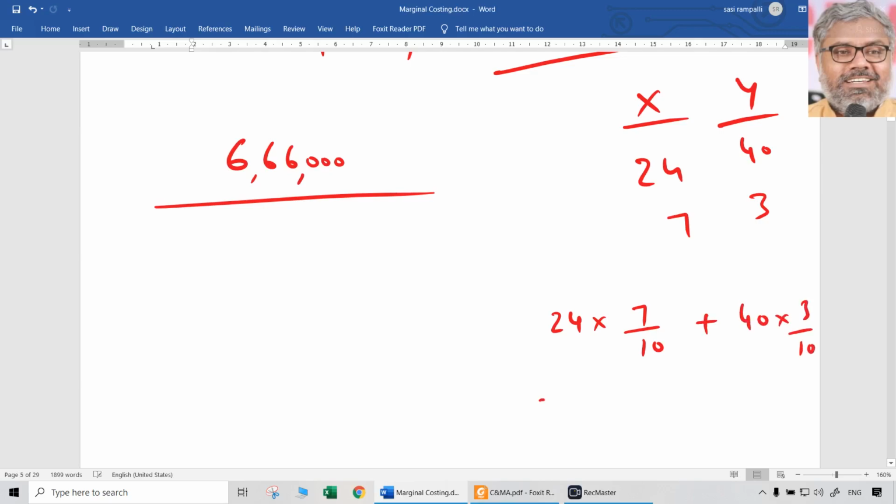That is the composite contribution per unit. How much is that? 28.8. That is the composite contribution per unit, or you can call it the weighted average contribution per unit.